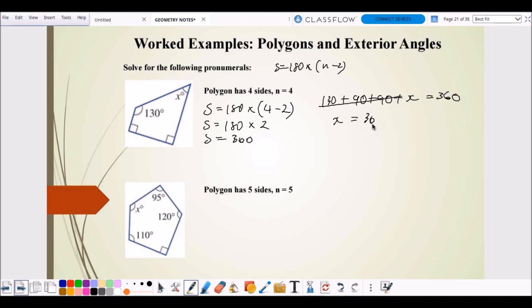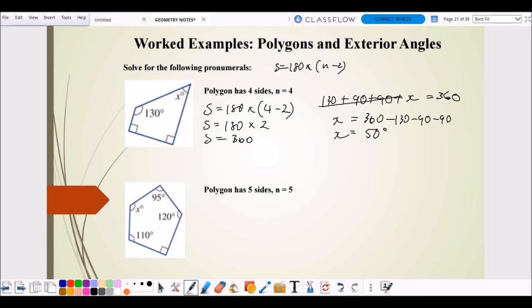So it's going to be 360 take away 130, take away 90, take away 90. Therefore, the angle x is 50 degrees.